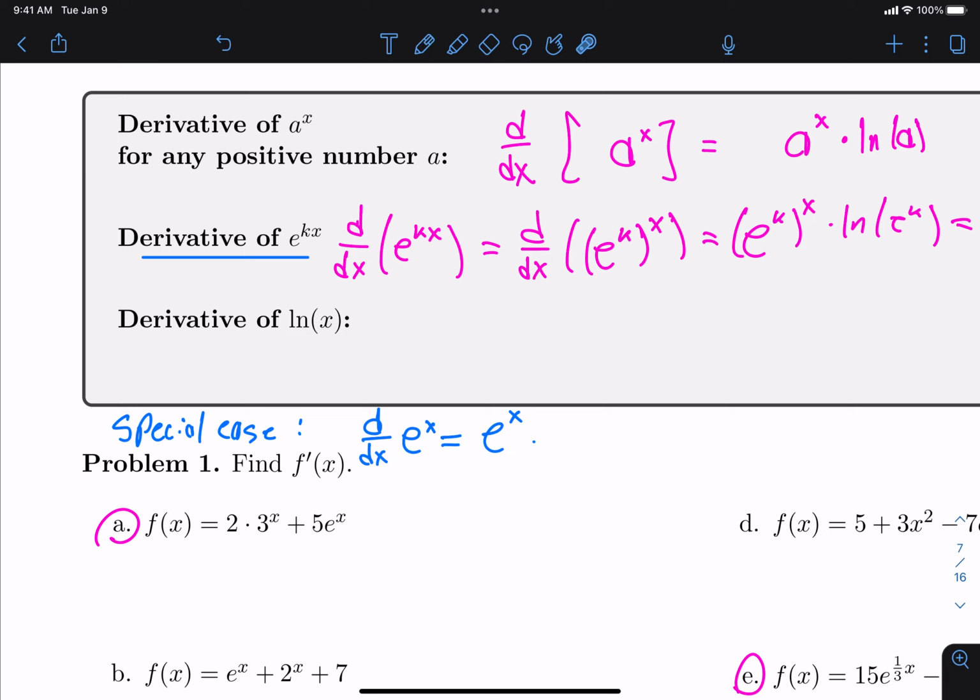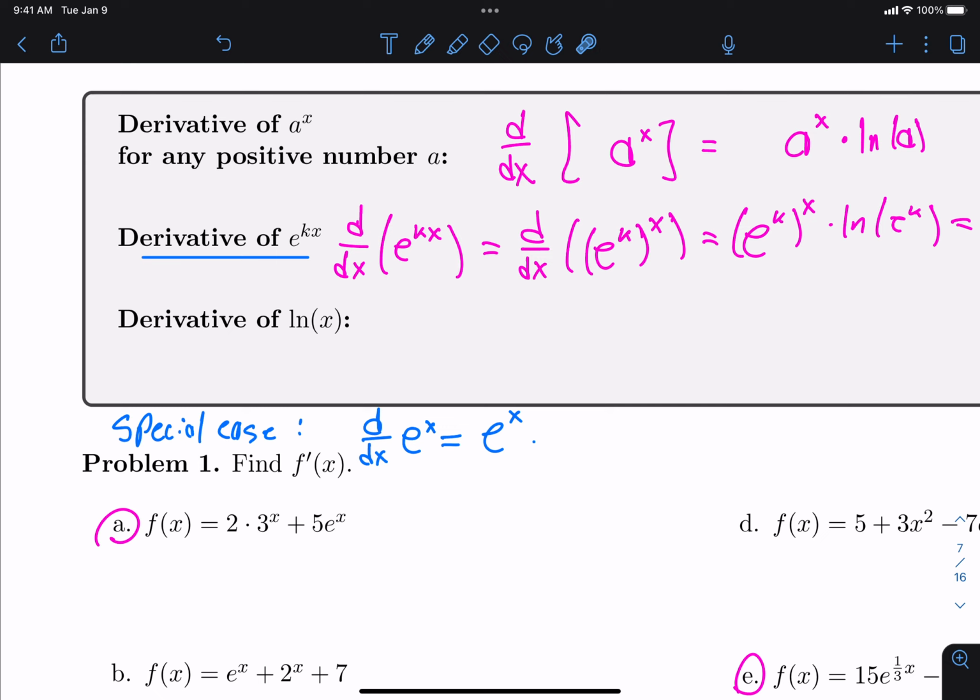What are the two other rules that I need besides the a to the x rule and the e to the kx rule? The constant and the sum. Yeah, that's it. The constant rule and the sum rule, right?